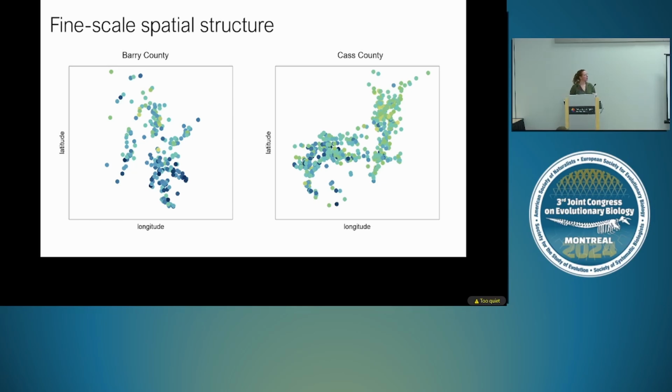We actually see pretty similar levels of inbreeding at each site. I think this is a little anecdotal; I haven't done stats on this. I think in general the individuals in Cass County move around a little bit more. The maximum dispersal distance between capture events is a little bit longer. But that also might be due to differences in sampling efforts between sites as well.